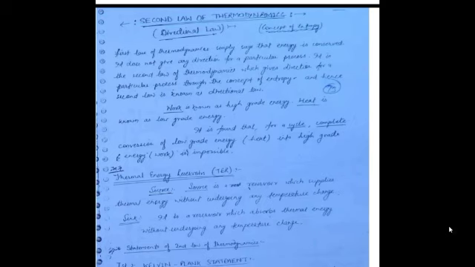Therefore, to find out the direction of a particular process, the second law of thermodynamics is introduced. The second law basically gives the direction of process with the concept of entropy.